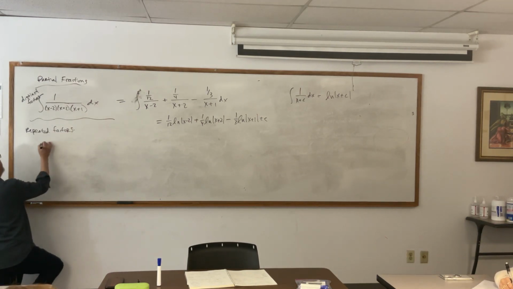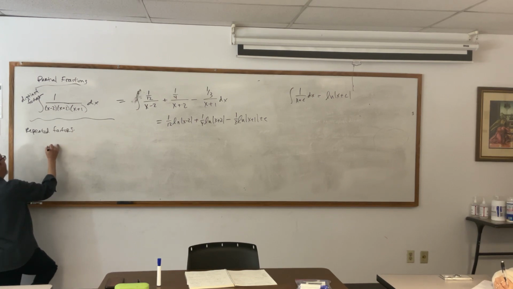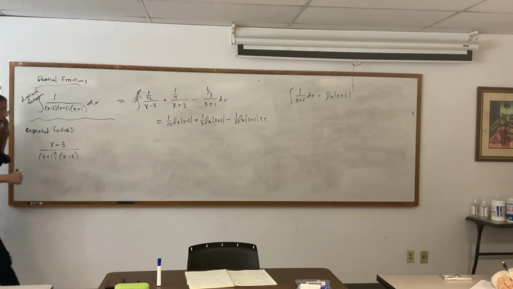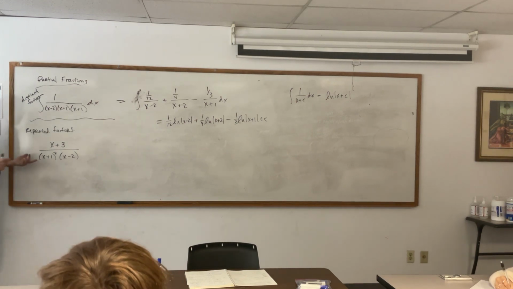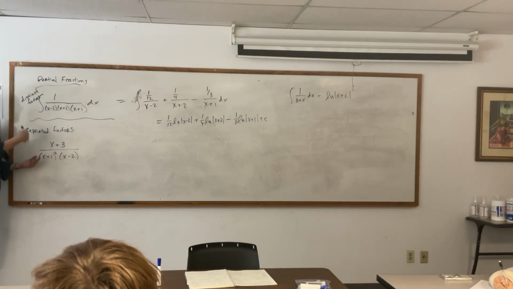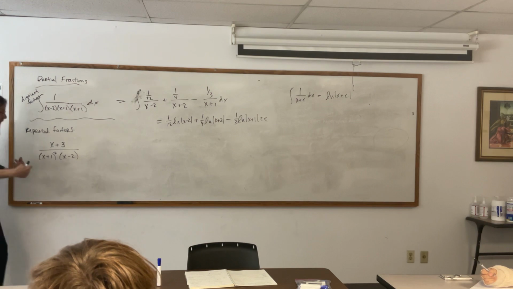So if I was given, and let's forget about integrals, a polynomial that we want to break apart. Let's say I've got (x plus 1) squared times (x minus 2). And I want to figure out what this could possibly be as a sum of different fractions.